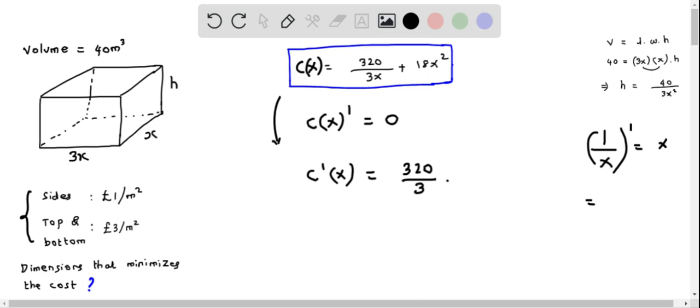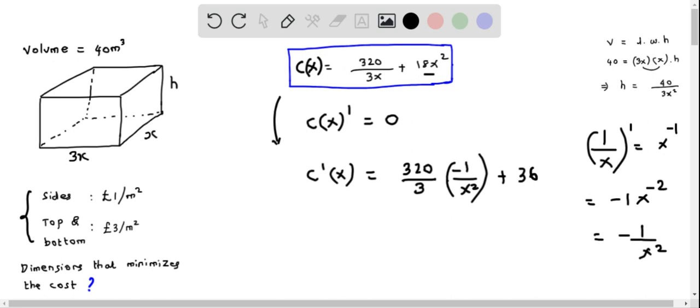This is considered as x raised to the power of minus 1. Applying the power rule, negative 1 times negative 1 is negative 2. So this becomes negative 1 over x squared. So the derivative of 1 over x is negative 1 over x squared, plus the derivative of 18x squared, which is 18 times 2x, which is 36x. This is the expression for the first derivative of the cost function.